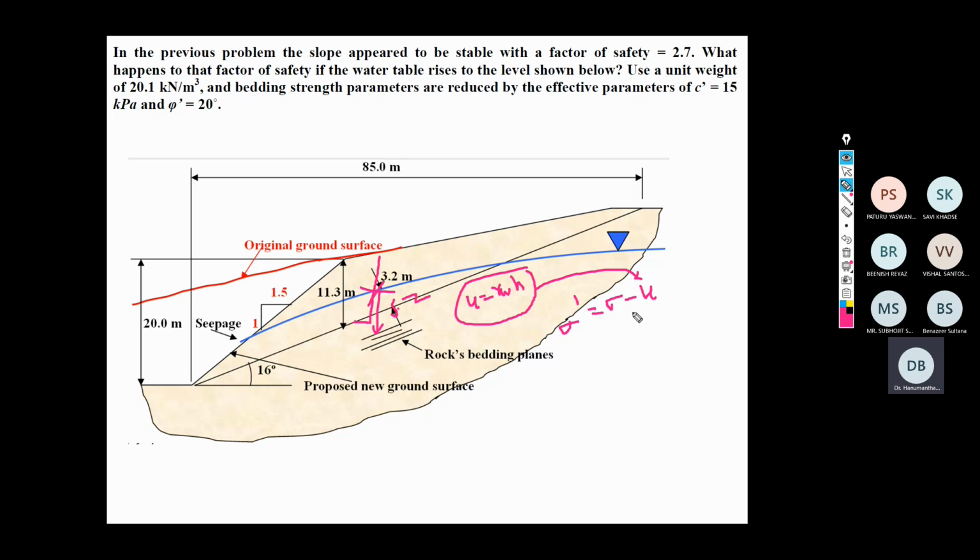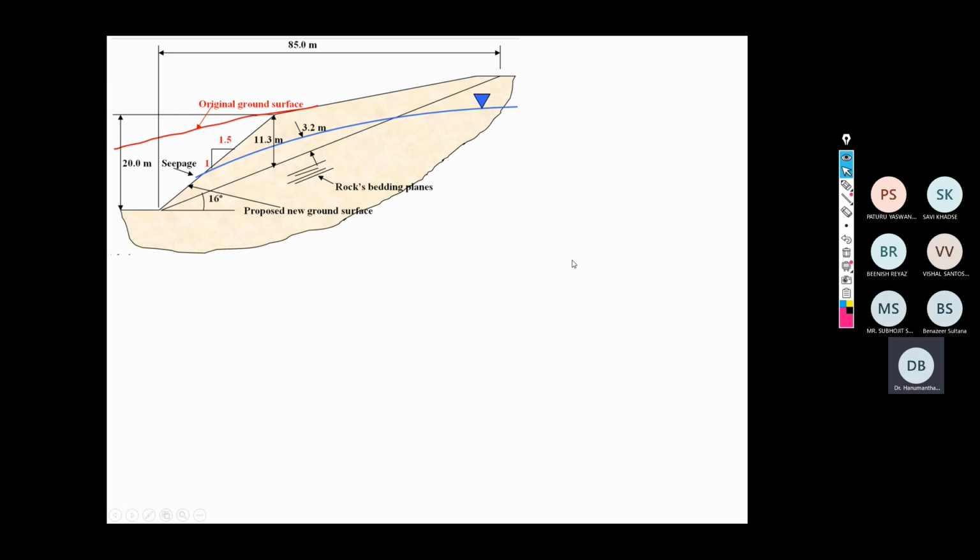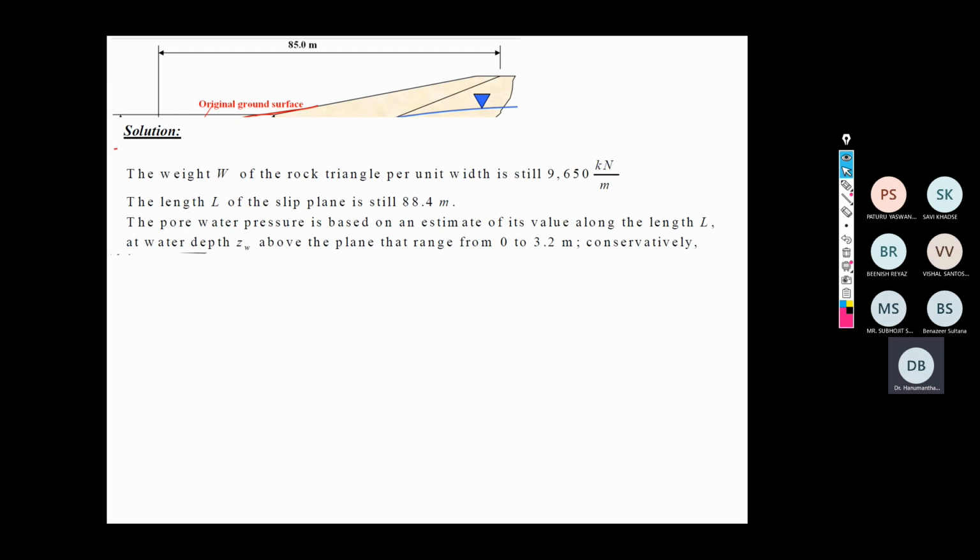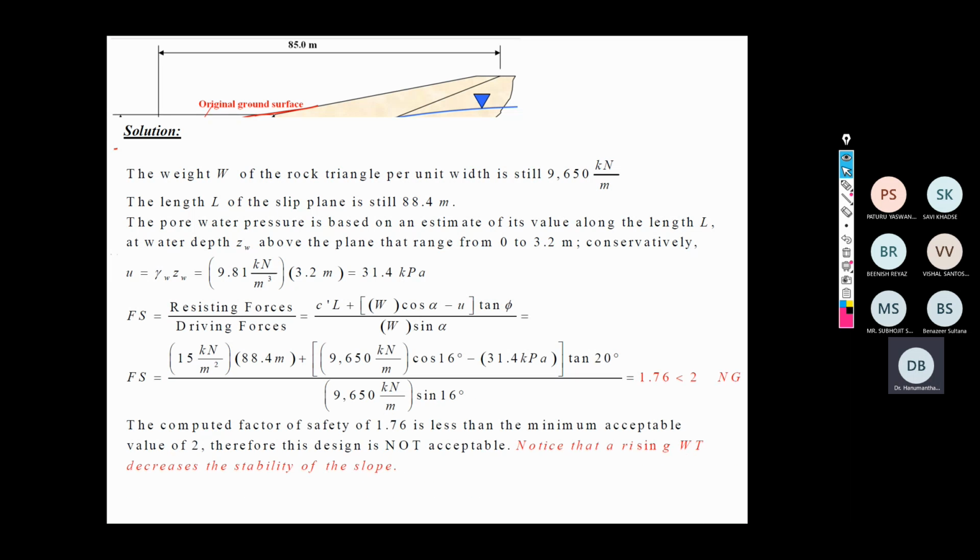This is how you need to account for the development of pore pressure in the calculation of the factor of safety. So U is gamma W into Z, where gamma W is 9.81 and the height of water rise is 3.2 meter. Therefore the total U component is 31.4 kilopascal.